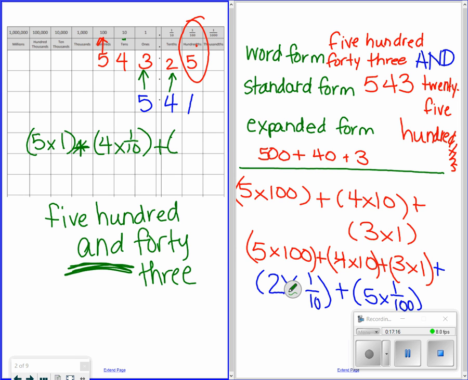I've got 1 copy of 1/100, and some people were telling me 1 times 100. 100 is over here. There's a difference between a $100 bill and a penny. You have to make sure you write down the correct place value.